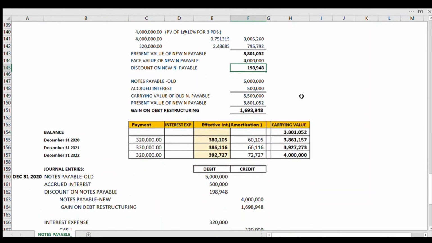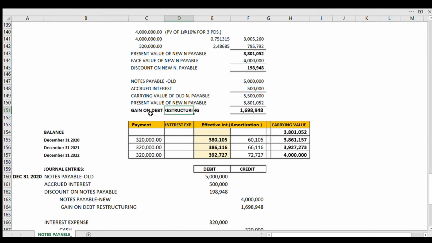So, set aside for that information, the notes payable old is 5 million. Alam natin na yun yung carrying amount on that particular date na nagkaroon siya ng restructuring. I-add natin yung accrued interest na 500,000. So, that is the total carrying value of the old notes payable, 5,500,000. Ibangga mo ngayon yung present value ng new notes payable, that is 3,801,052.